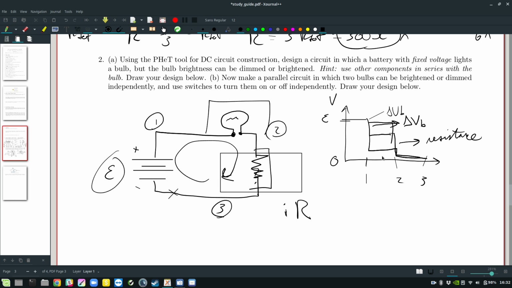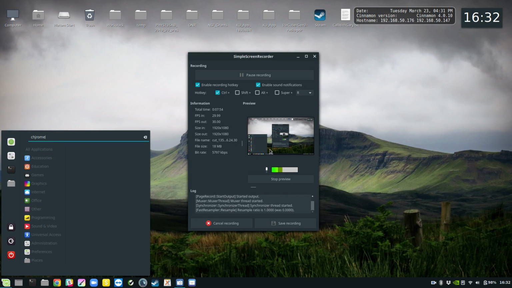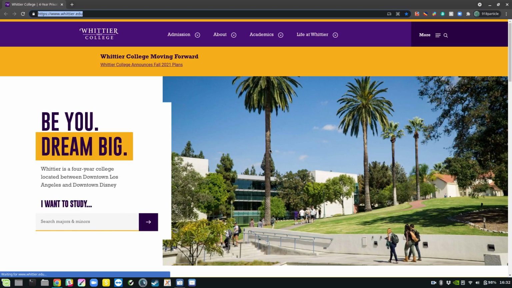So what you can do is design a circuit that will have variable resistance.